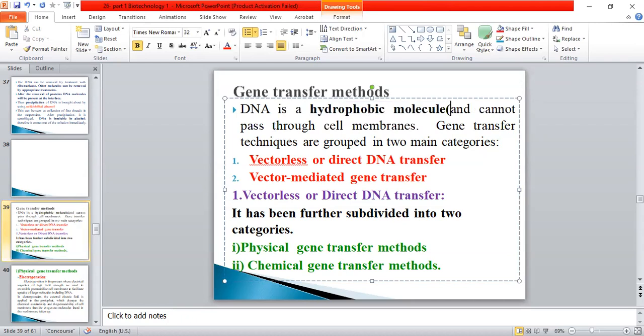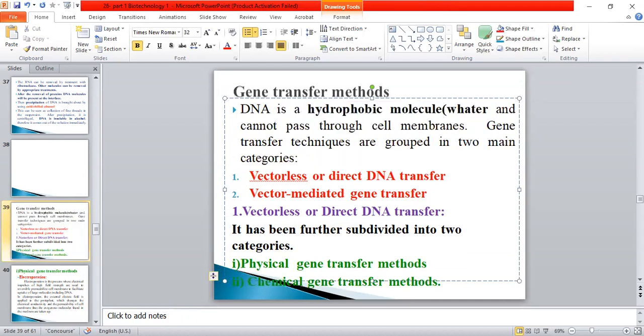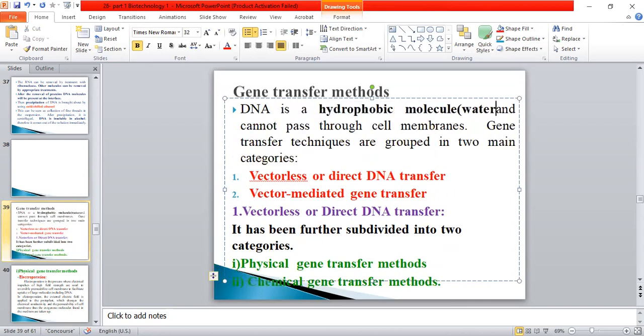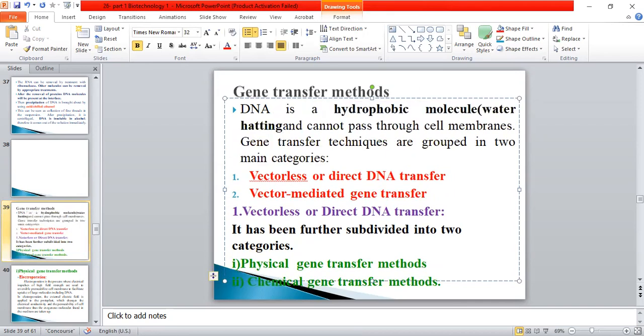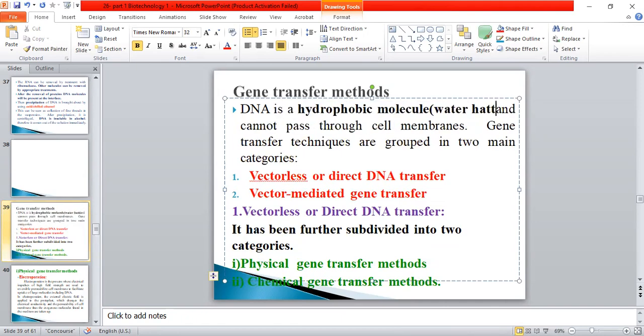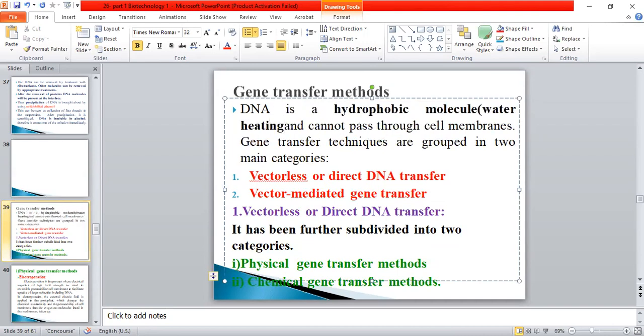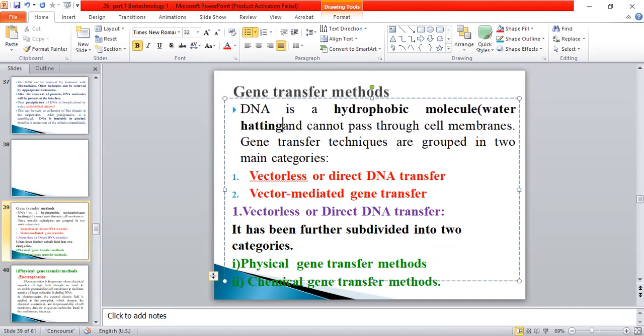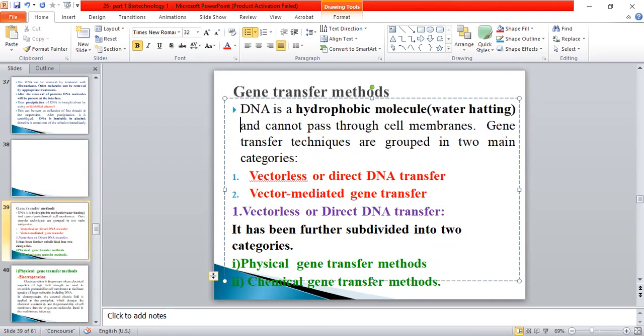It will not easily dissolve with water, and it cannot pass through the cell membrane. So this is very, very important.